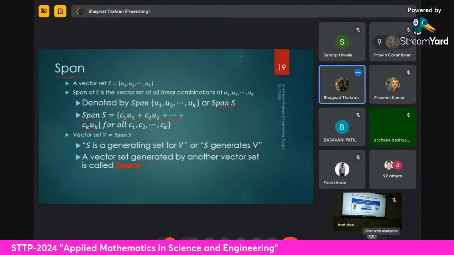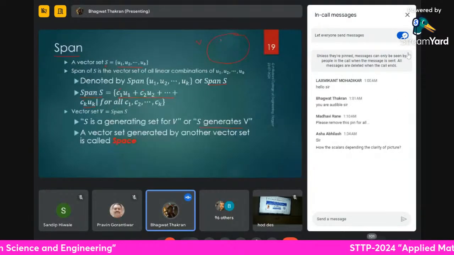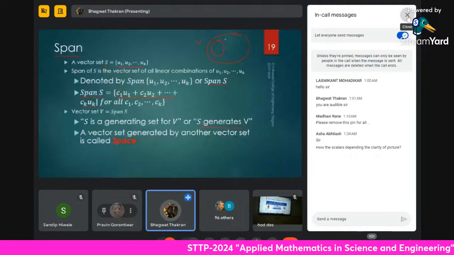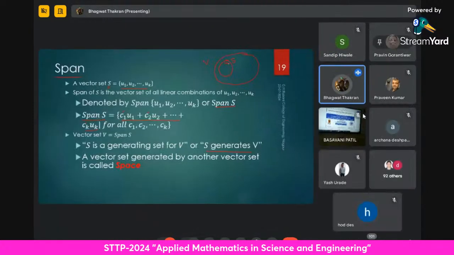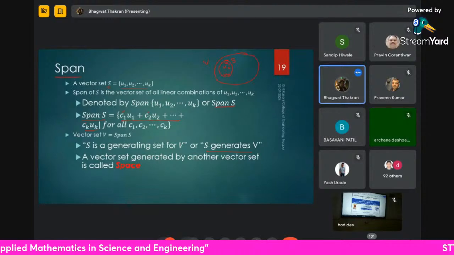So I am having a vector space V where I have considered a subset S, but this subset S contains only finite elements U1, U2 and UK.